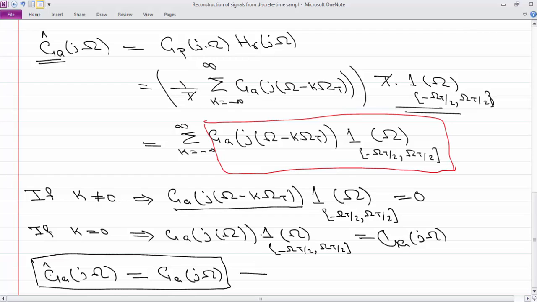Now in time domain, of course, that means that ĝ_A(t) equals g_A(t). So that is just mathematically confirming what we saw earlier, that if you take your impulse sampled signal and you low pass filter it, you get back your original signal that you started with, that you sampled.